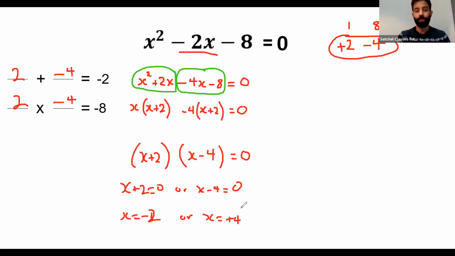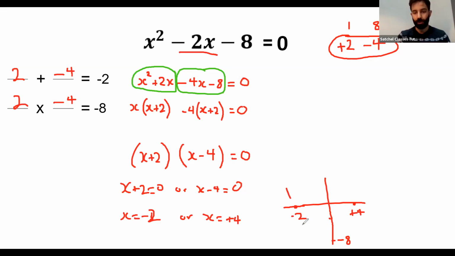So these are our x values, or in other words, the solutions that we are finding, the solutions being the points at which we intersect our x-axis. So we're going to be intersecting our x-axis at minus 2, and our other solution is at positive 4, and our y-intercept will be at negative 8.